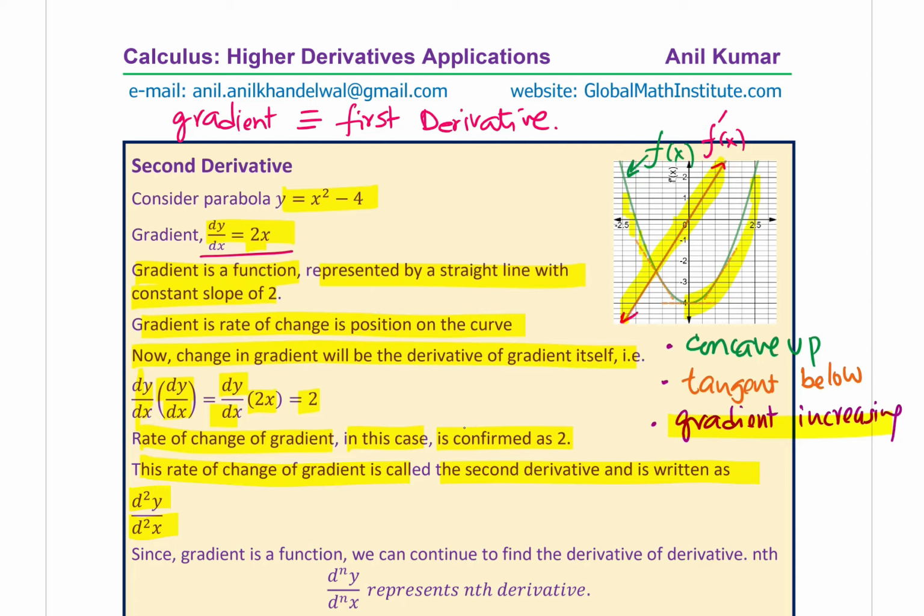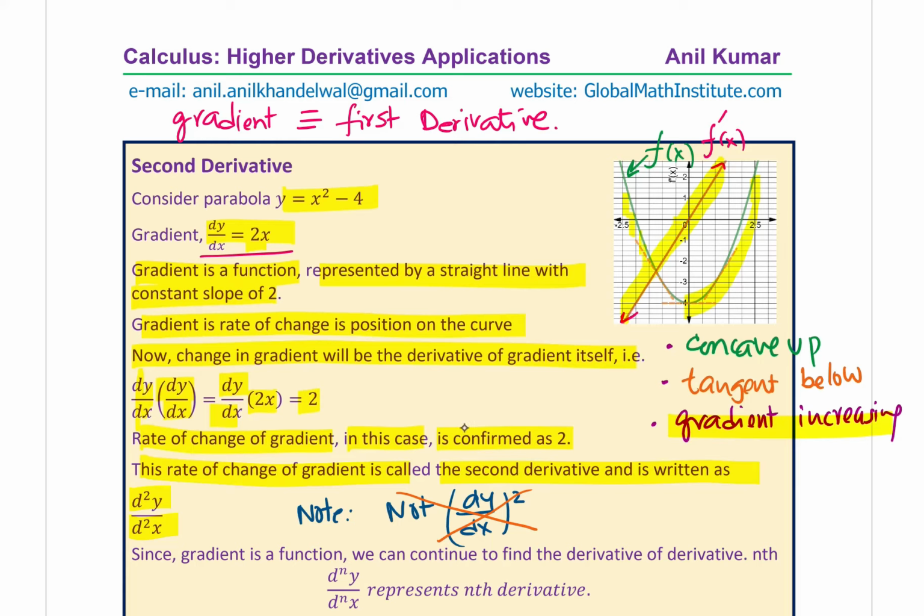Now, here's a note. Let me write down a note, and that is to say not (dy/dx) whole squared, right? Not this. This is different. It is d2y by dx2. That is, (dy/dx) whole squared is different.